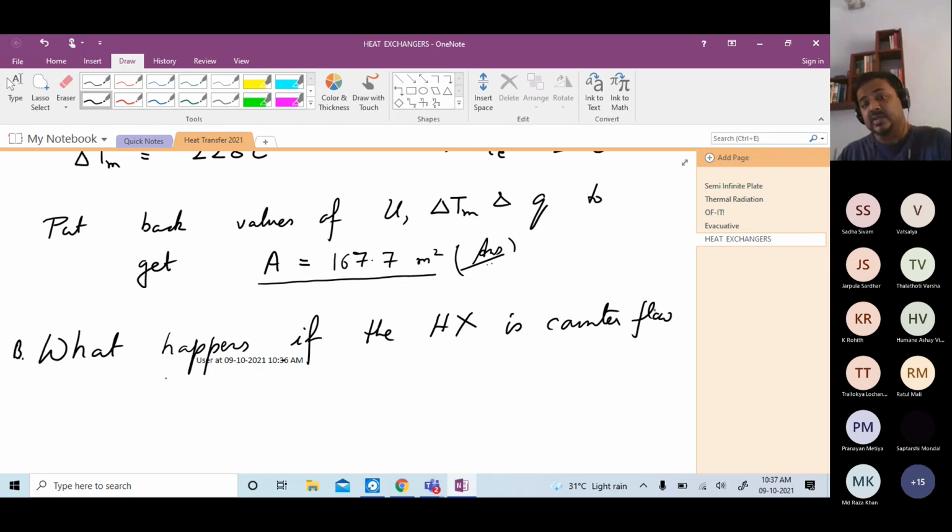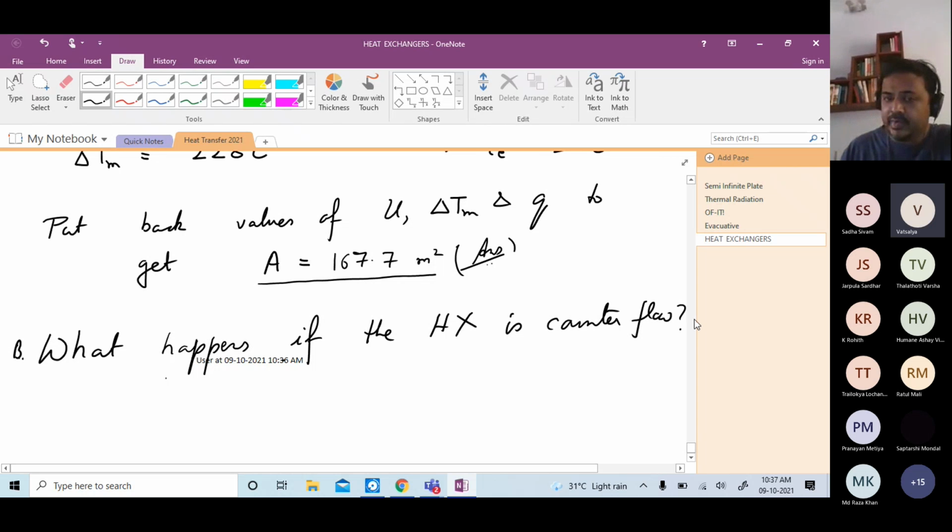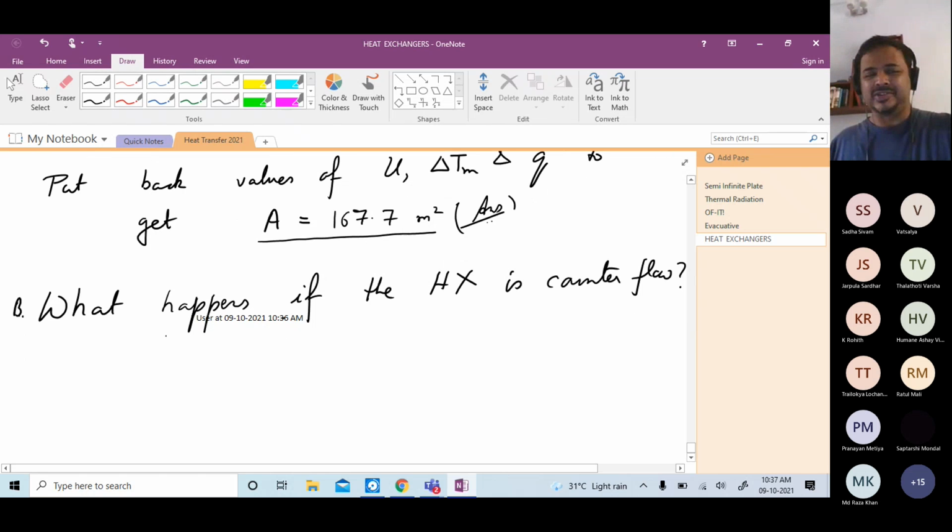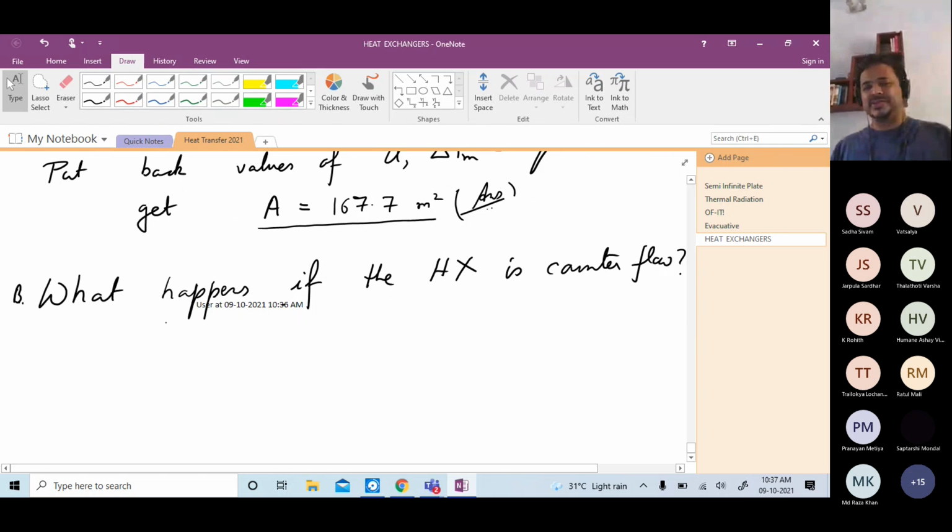The heat exchanger is counter flow. What will happen? Delta Tm will be the same as delta Ti and delta Te. Not delta Ti, T0, delta 0 and delta L. Yes. So you probably know exactly. Wonderful, wonderful. That's what I was trying to see if somebody catches that.